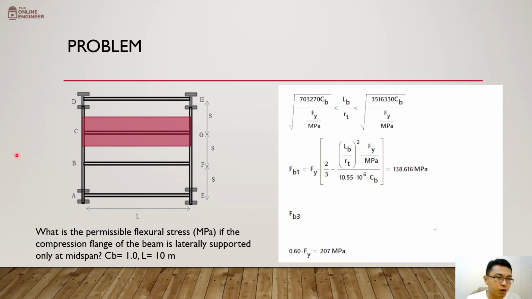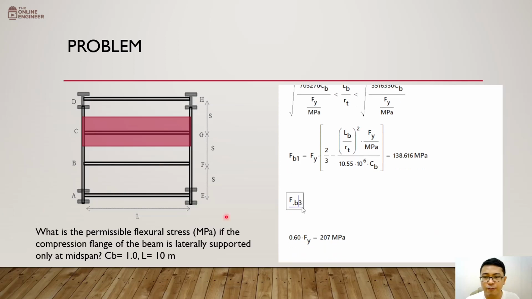Now, that is the first allowable bending stress that we're going to consider. All right, so let's now have our next one. That's FB3. Our FB3 will have the formula 82740 times CB divided by LB times D over AF, or BF times TF.